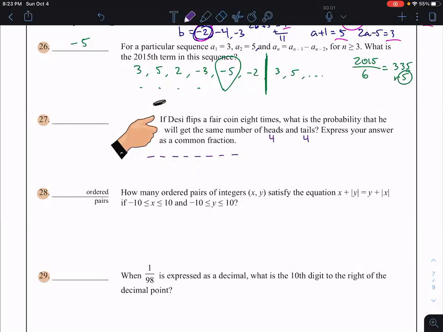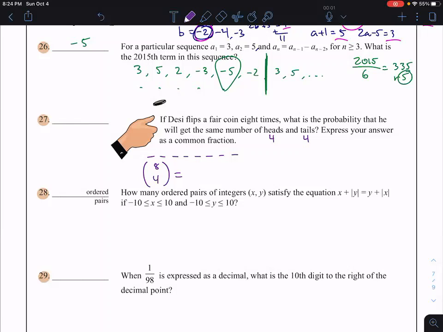So out of all 8 times, only 4 of them have to be heads, and the rest can just be tails. So we just have to choose which 4 times will be heads, and that's just combinations. We use combinations. 8 choose 4.